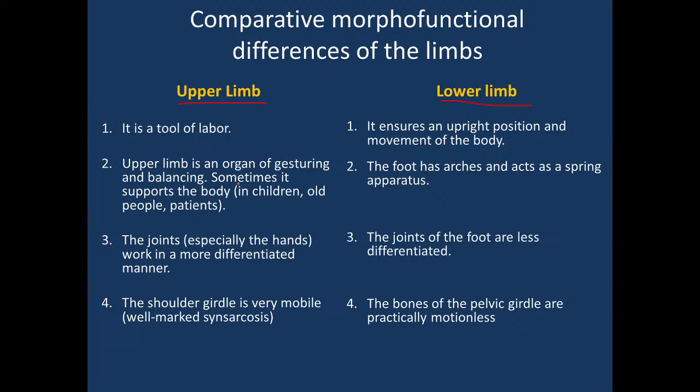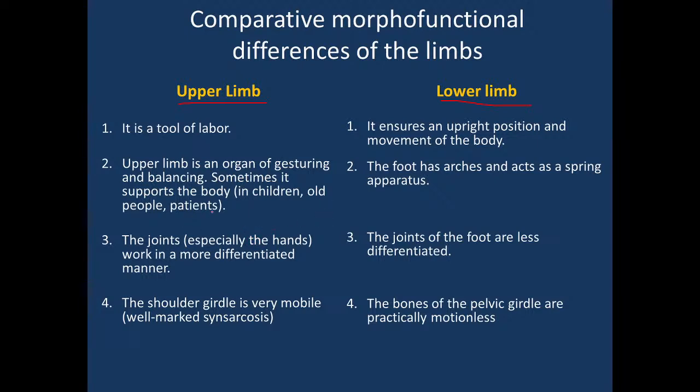Usually upper limbs are used to explain what we mean, and when we talk, we just have gesture. And sometimes, very rarely, the upper limbs are also used for supporting our body, especially in old children or patients in clinic.